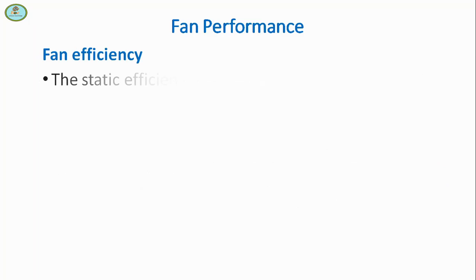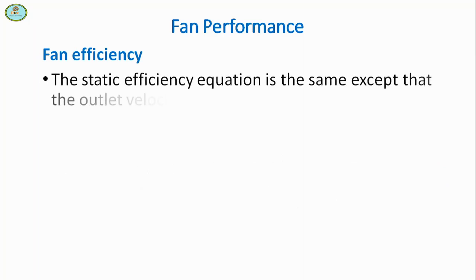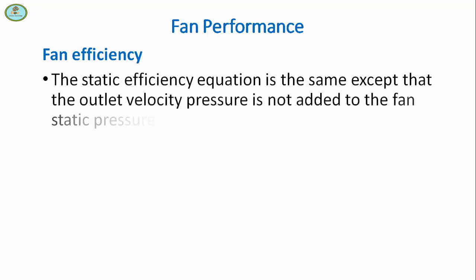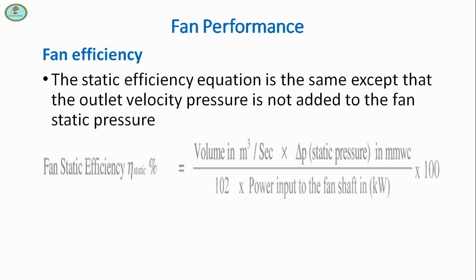The static efficiency equation is the same, except the outlet velocity pressure is not added to the fan static pressure. It can be calculated as: fan static efficiency is equal to volume in m³/s × ΔP static pressure in mmWc divided by (102 × power input to the fan shaft in kW) × 100.